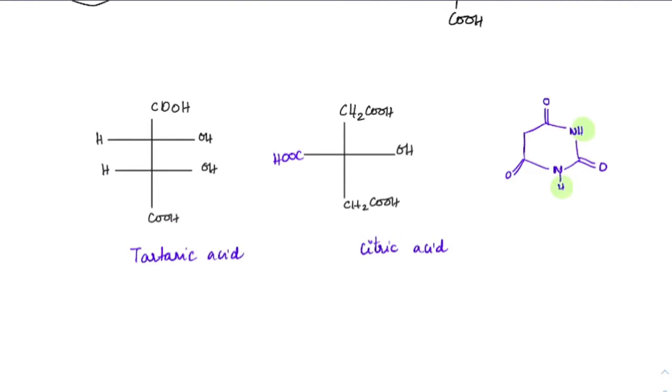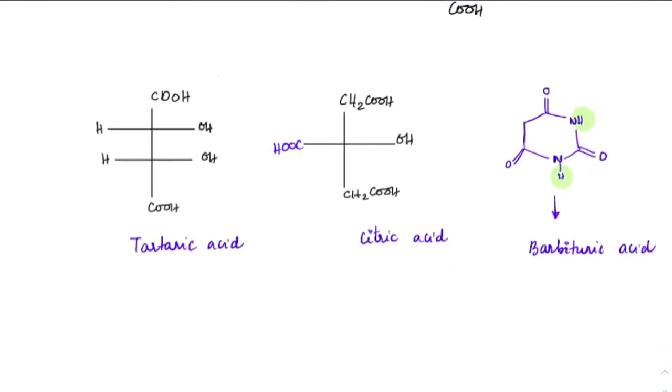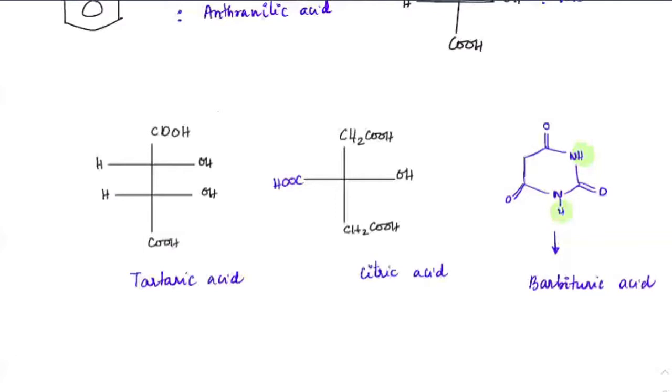So this will also act like an acid. This is called barbituric acid. You can see this is not a carboxylic acid. Finished. So these are a few names you must be familiar with, especially for this chapter.